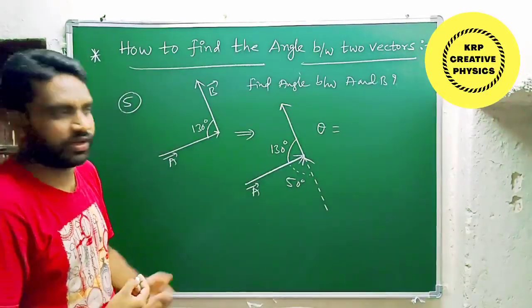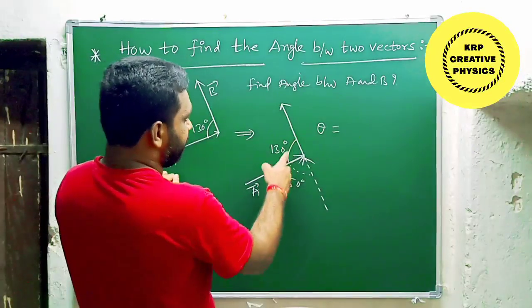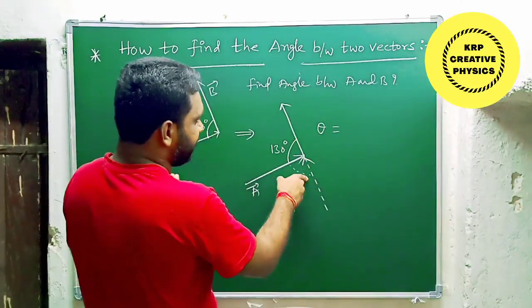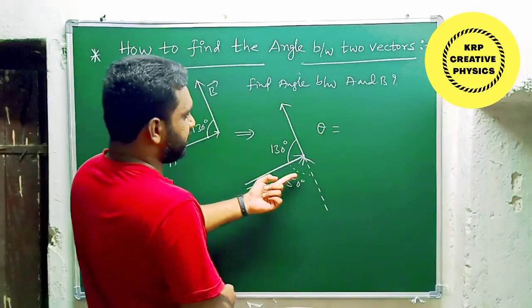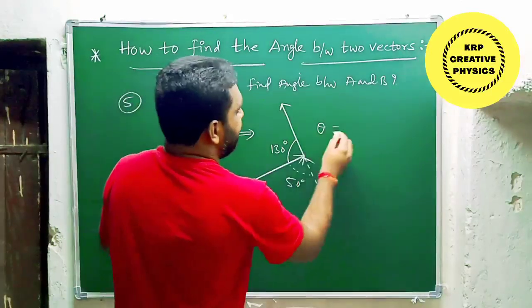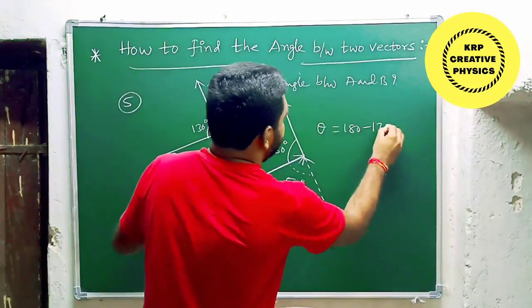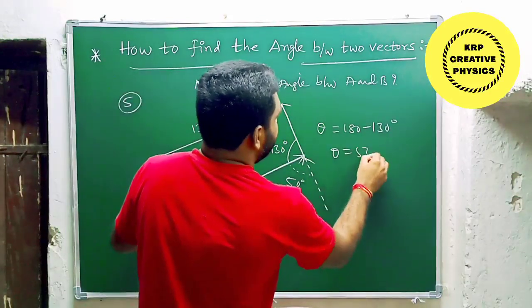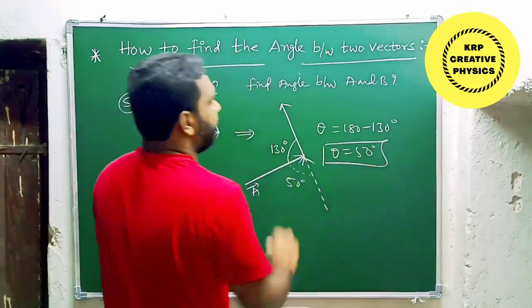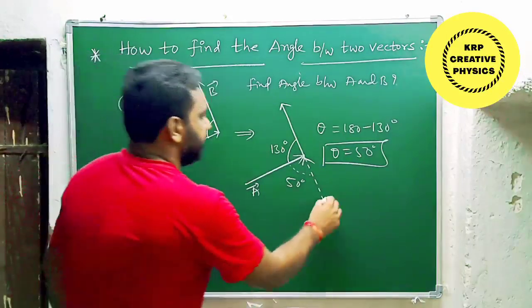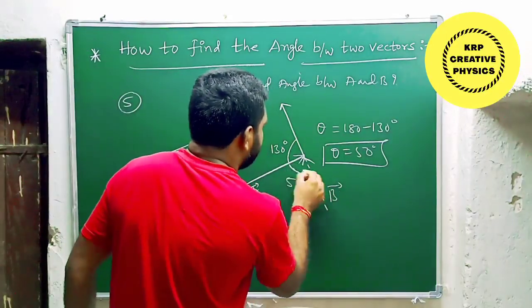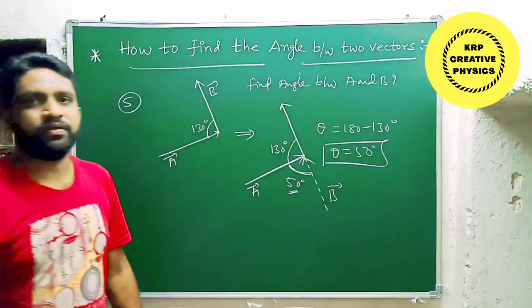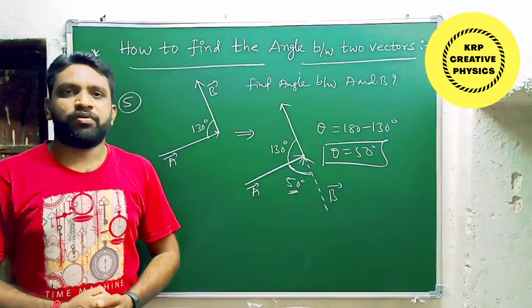This is also a proper angle, the correct angle. The total angle in the semicircle is 180 degrees. So this is the required angle. Required angle theta equals 180 degrees minus 130 degrees. Therefore the correct angle between vector A and vector B is nothing but 50 degrees. Okay? Right. This is regarding example 5.